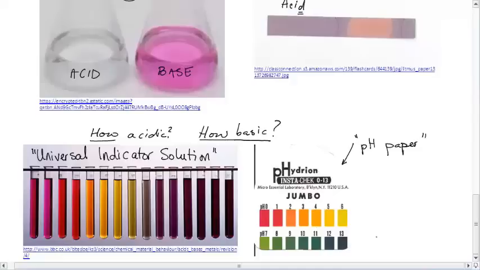And you'll see the colors are fairly similar. Sort of yellow-green color is neutral. As you go into darker greens and blue, you're getting more and more basic. And as you get into oranges and then deep reds, you're getting more and more acidic. So those are the indicators we use to figure out how acidic or how basic a substance is.